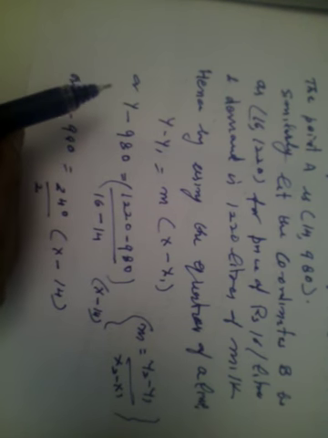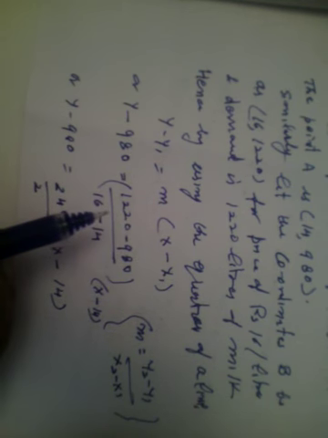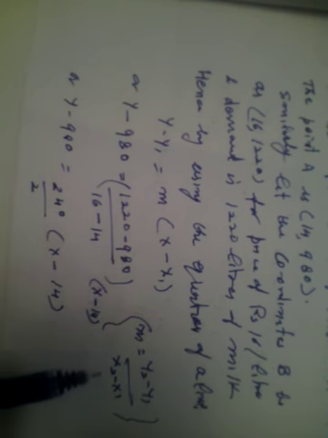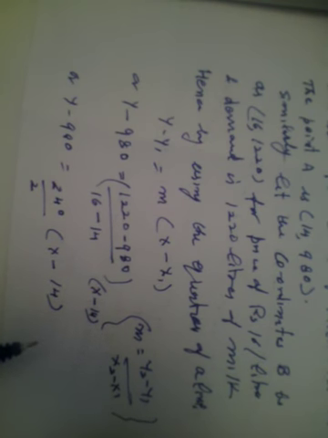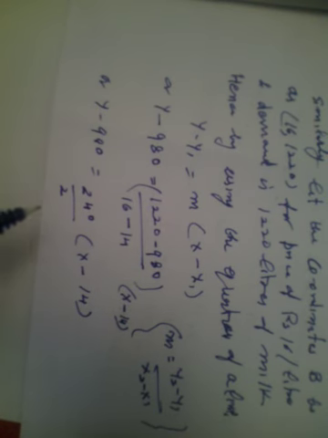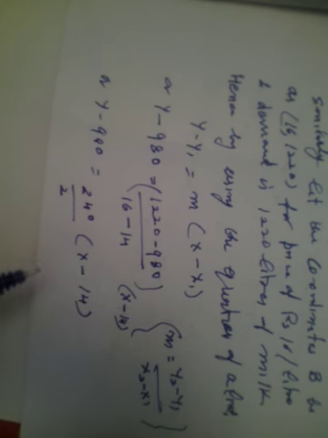So this equation becomes y minus 980 is equal to m, which is (y2 minus y1), that is 1220 minus 980, divided by (x2 minus x1), that is 16 minus 14, within the bracket times (x minus x1), where x1 is 14. So y minus 980 is equal to (1220 minus 980) which is 240, divided by 2, times (x minus 14).